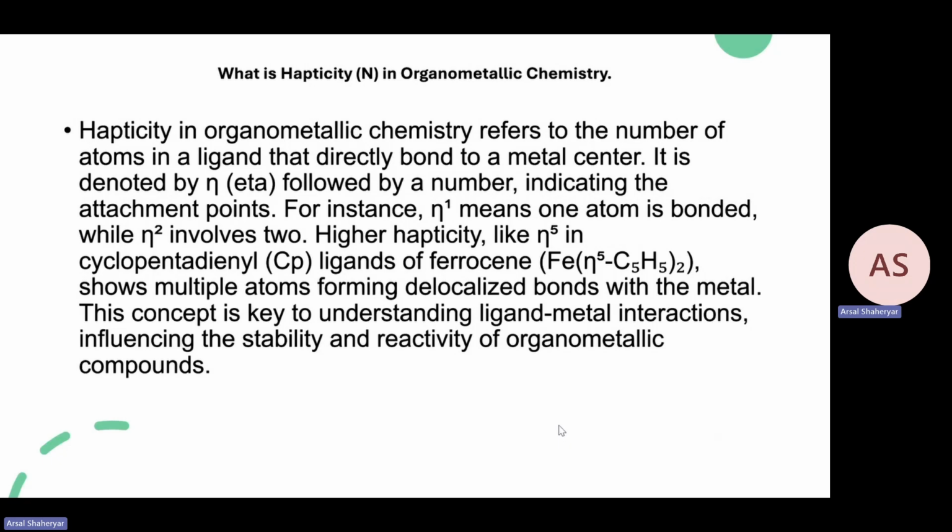Higher hapticity, like eta 5 in cyclopentadienyl ligands of ferrocene, shows multiple atoms forming delocalized bonds with the metal. This concept is key to understanding ligand-metal interactions influencing the stability and reactivity of organometallic compounds.